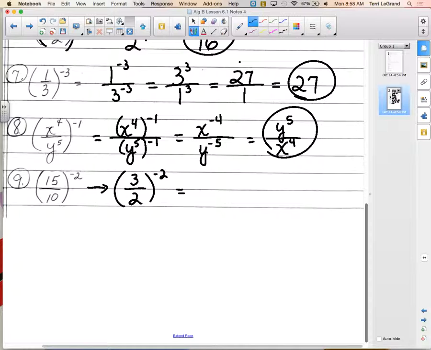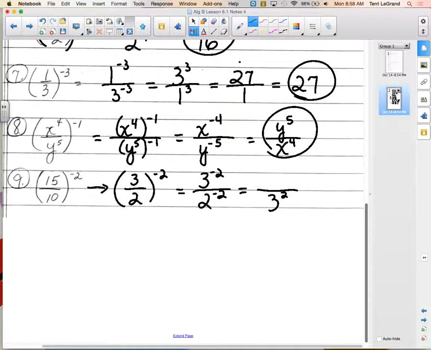And then we will apply our property that says we have a division problem being taken to a power. So we'll give the numerator its own exponent of negative 2. We'll give the denominator its own exponent of negative 2. Then we have negative powers. So we'll have the 3 to the negative 2 power go downstairs and become positive.